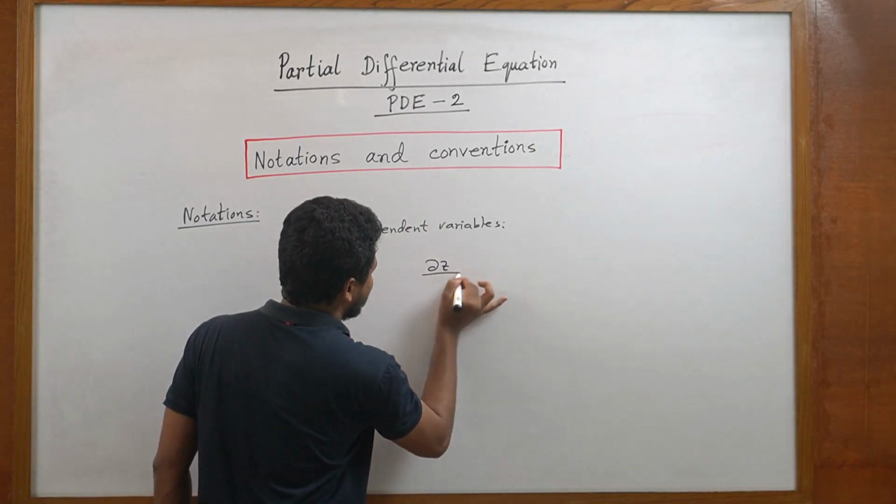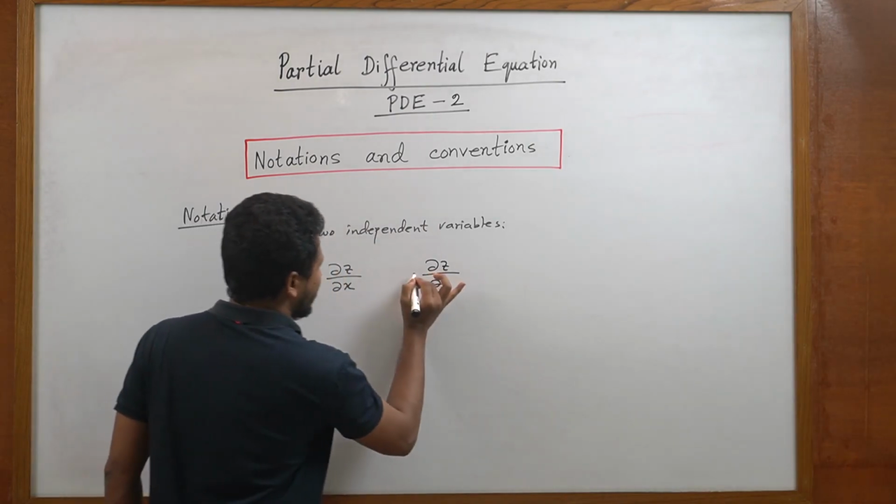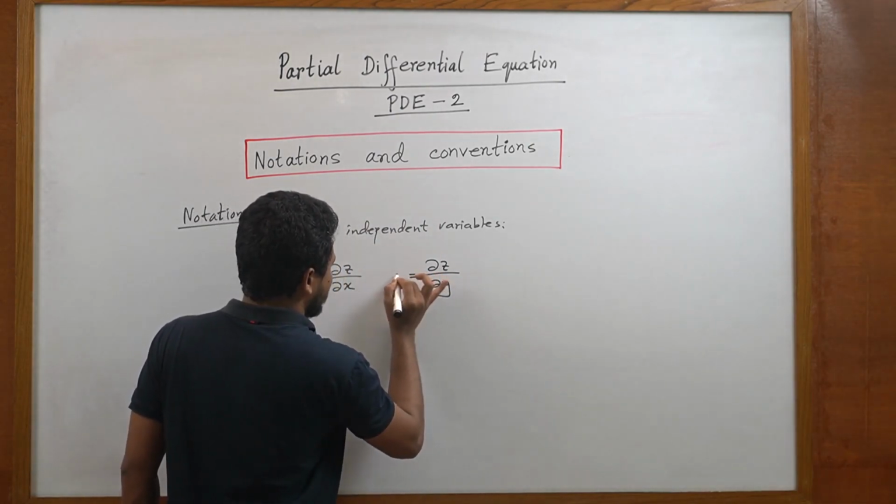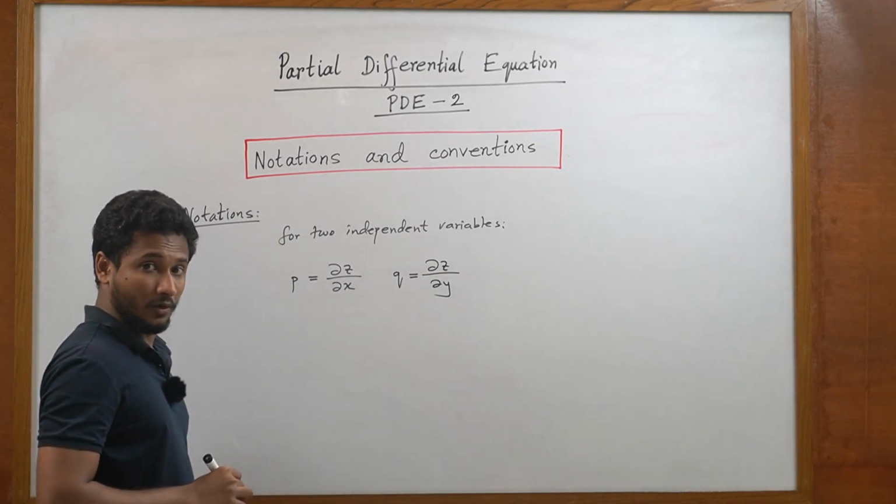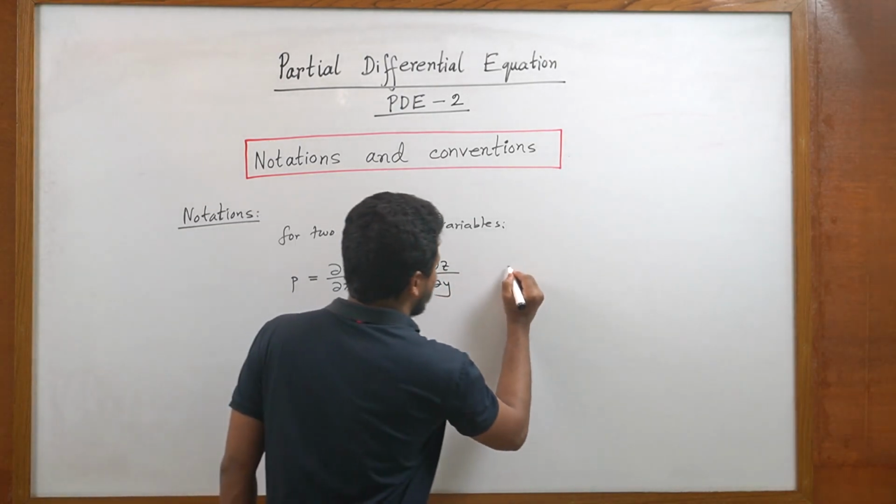The partial derivative of z with respect to y will be denoted as smaller case q.